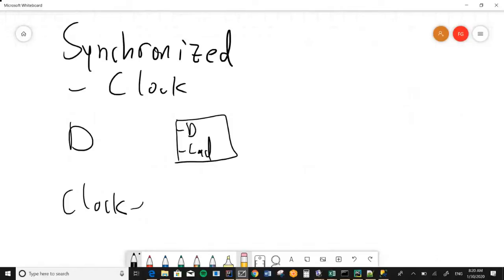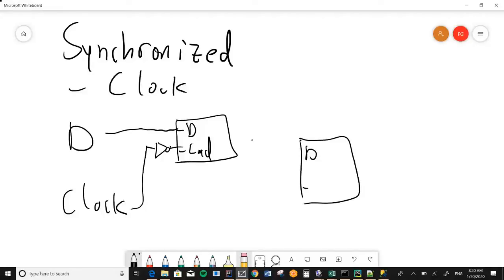Our clock input looks kind of like that. And then we've got this other D latch over here. And then we've got our load over here. And the clock goes in there, and this output goes into that input.